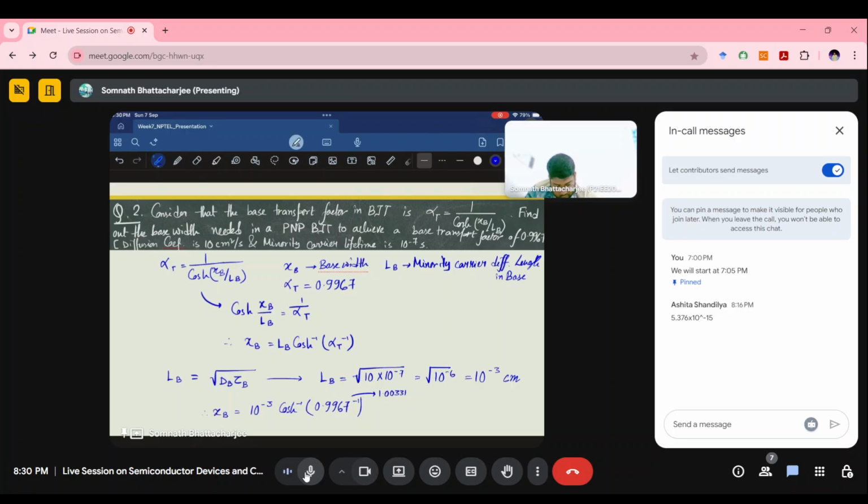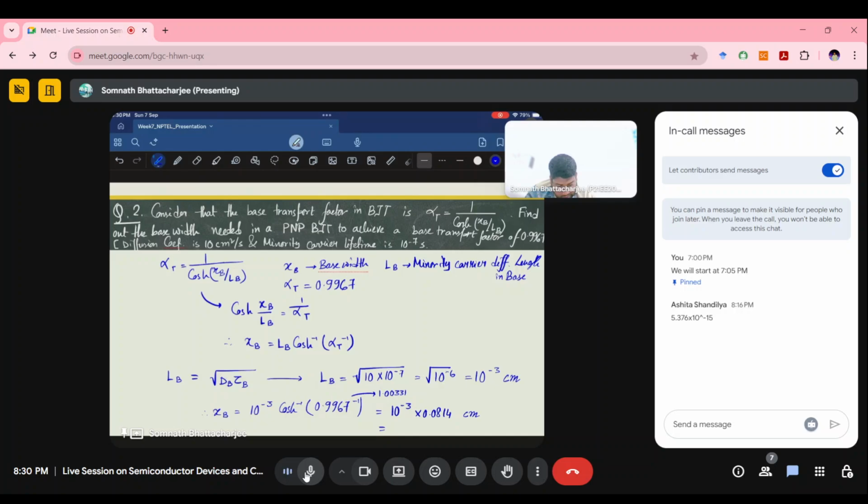So this comes out to be 10 to the power of minus 3 multiplied by 0.0814. So this is 10 to the power minus 3, and this was in centimeters.